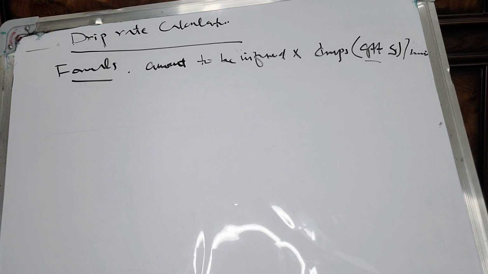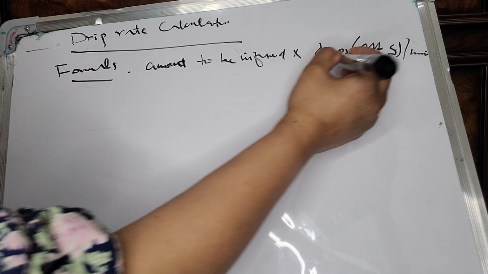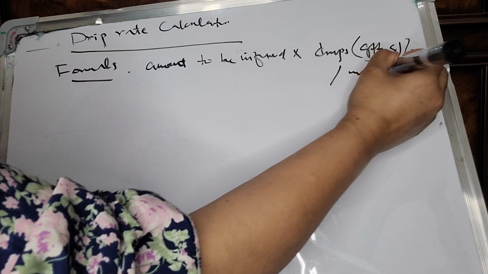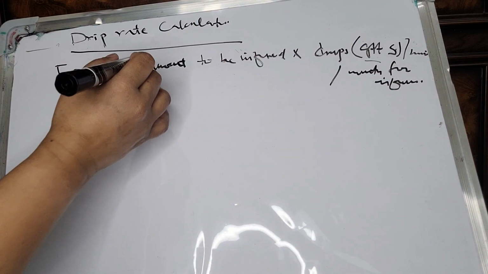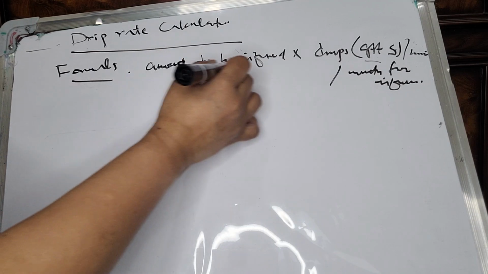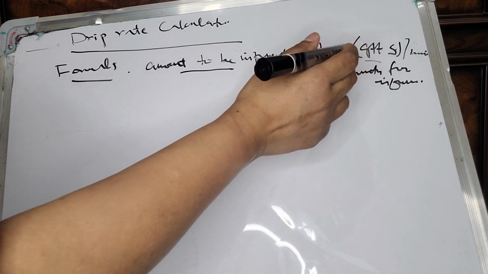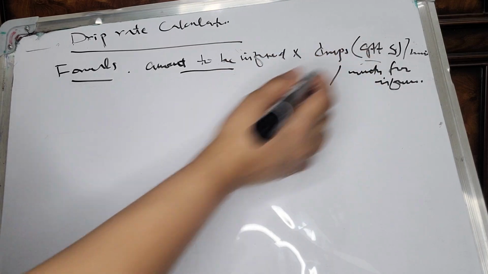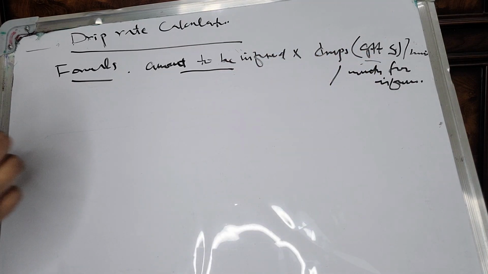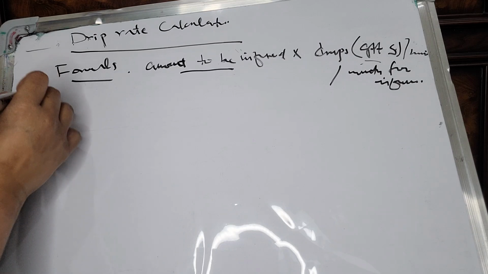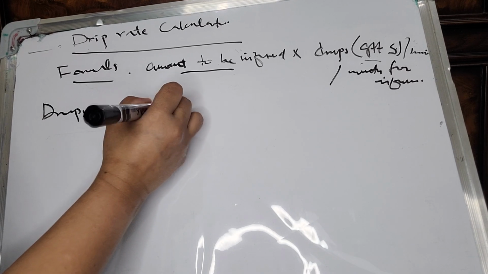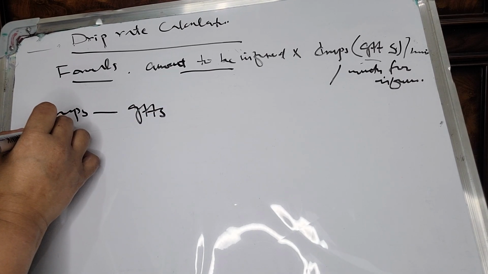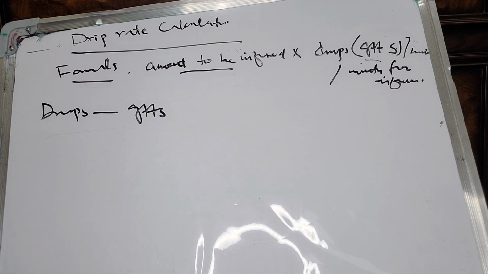and divided by minutes for infusion. So what is our formula? Amount to be infused multiplied by drop factor divided by minutes for infusion. In the question you will find GTTS, and the drop factor is the number of drops per milliliter that flow out of the IV tubing.